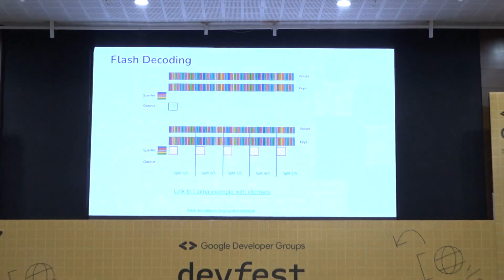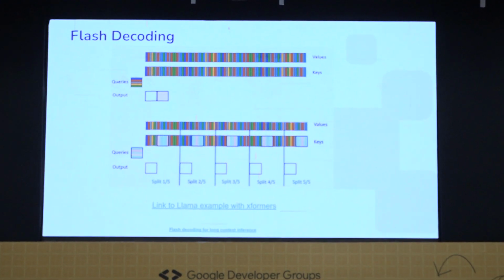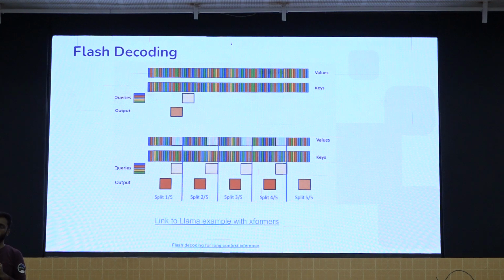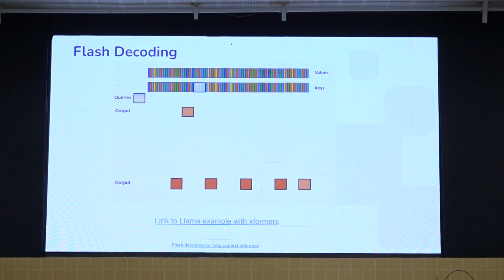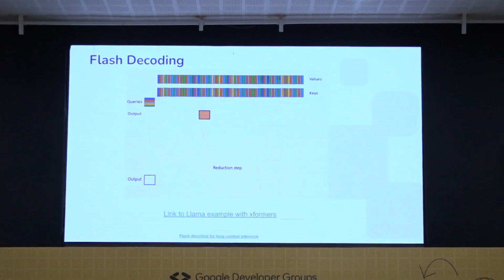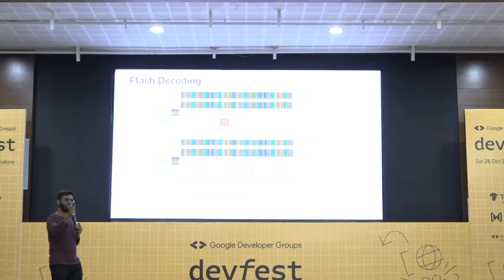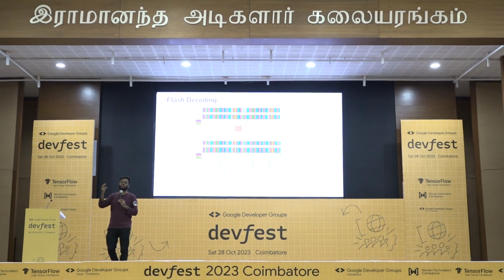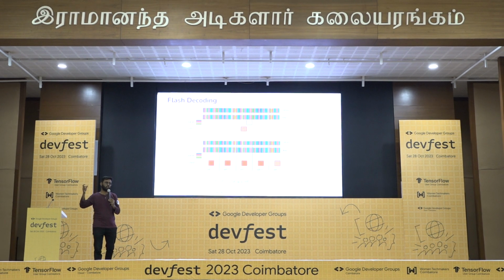Whatever we saw before, especially flash attention, works well for a larger batch size, because the nature of it is that we are tiling at a batch level and offloading the calculation to a fused kernel.